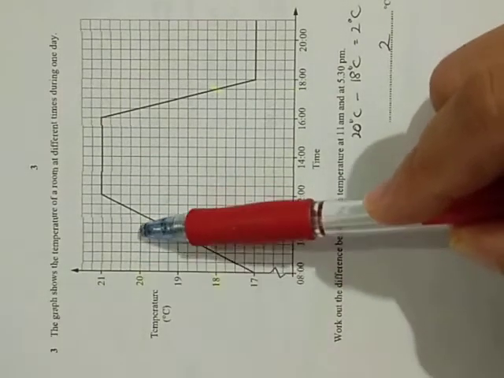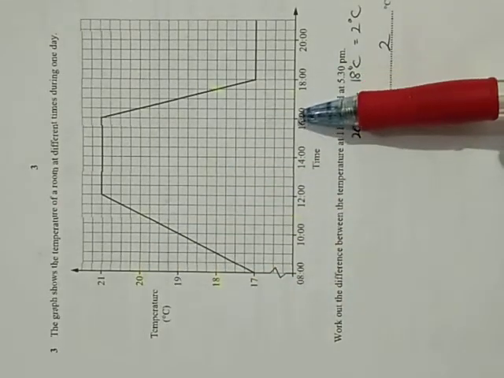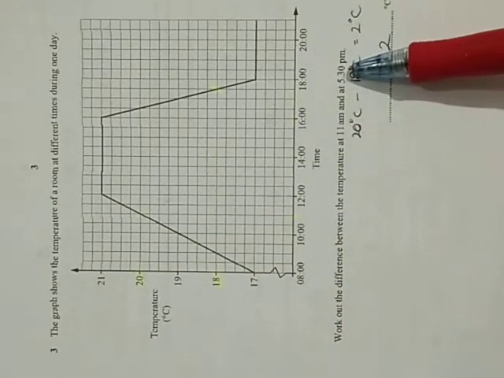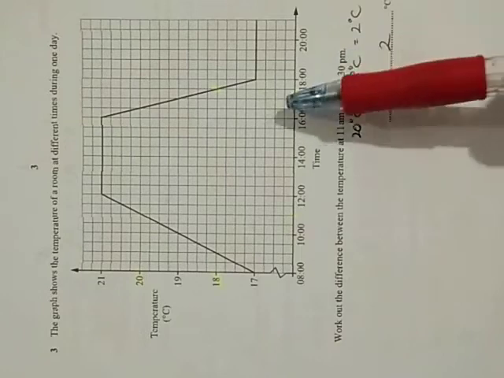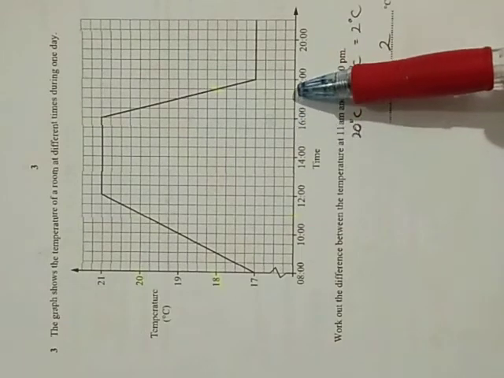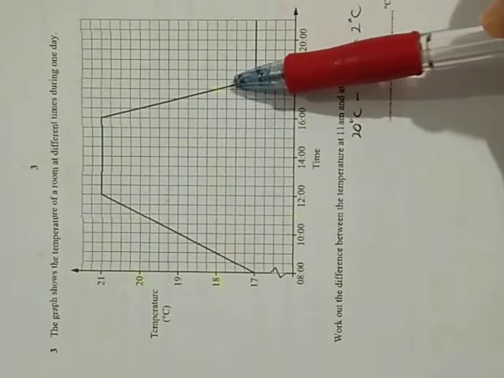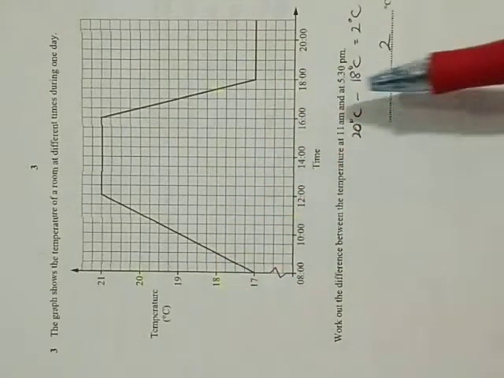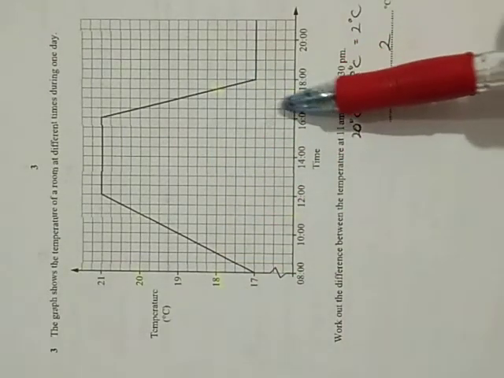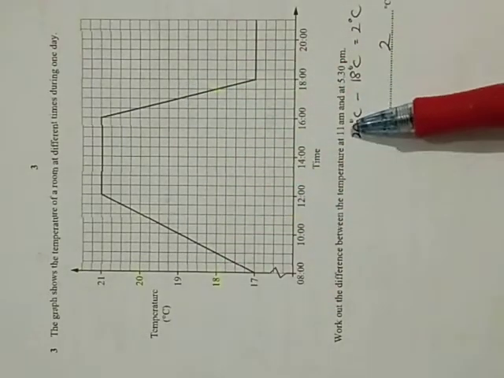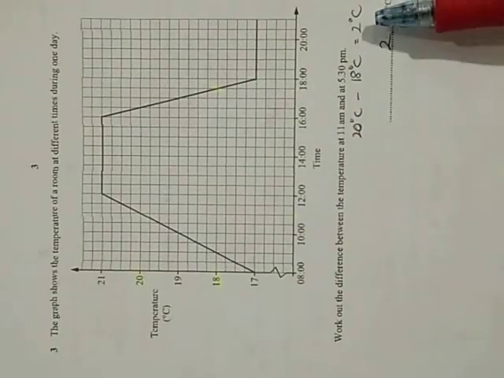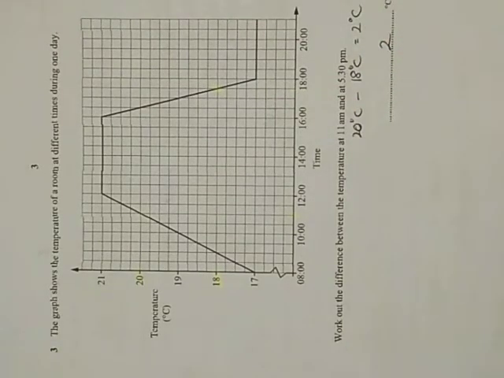You meet 20 degrees. And the same thing we do for 5:30 p.m. This is 5, and then another half an hour, and then you get 18. Please do this carefully. If you miss by one grid, you get a different answer. So 20 degrees minus 18 degrees gives us 2 degrees.